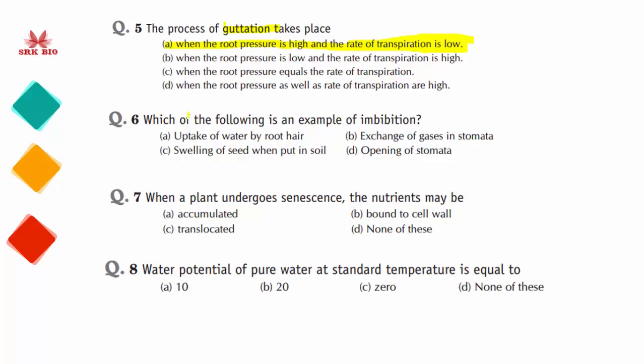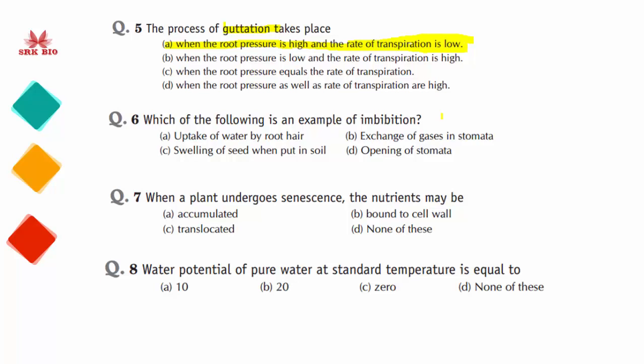The next question, which of the following is example for imbibition? To imbibe means to swell. When you soak the dry seeds in the water, the size or volume of the seeds gradually increases. When you put a piece of wood in the water, that also swells. So this is called imbibition. Adsorption of the water by the colloidal substances is called imbibition. I use the term adsorption.